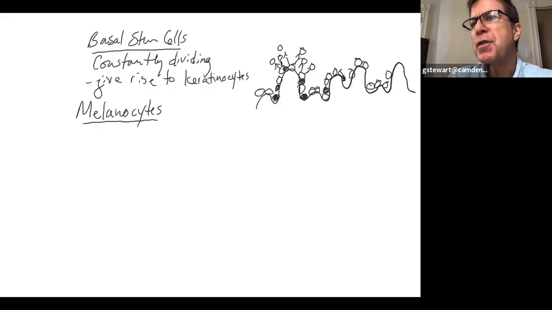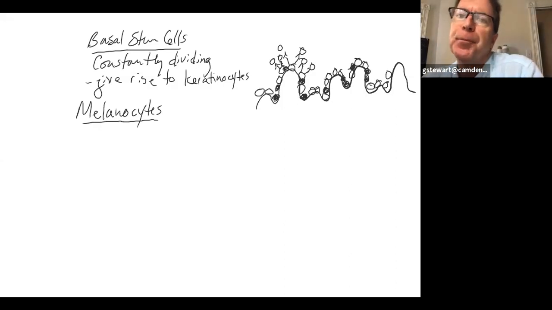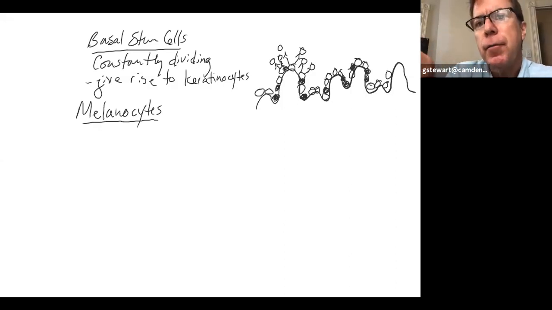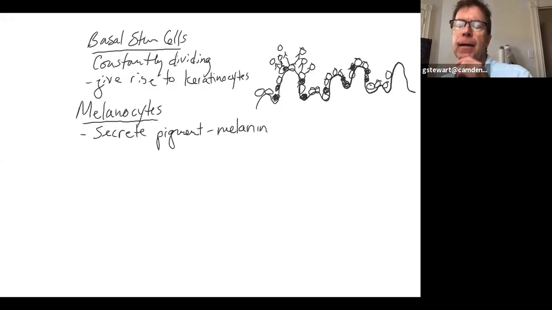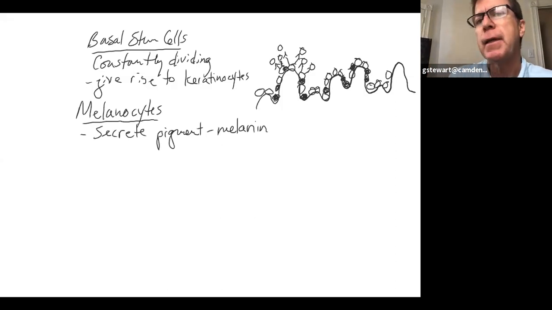It's about 10%, I think, is the actual comparison ratio. Melanocytes, their sole purpose is to secrete a pigment called melanin. And there's two types of melanin. I'm not sure your book even goes into that much detail, but I'll mention what they are later.